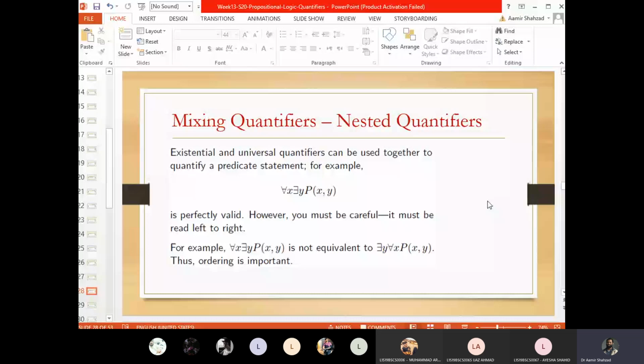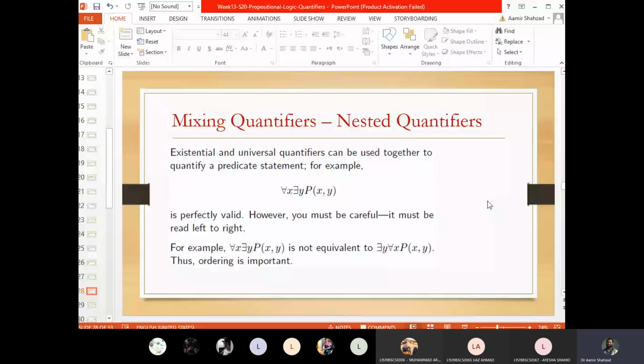So suppose we have X and Y, these are two kinds of people, two kinds of objects, two kinds of elements we are talking about, and then our predicate deals with both of them, like X on Y, या Y on X. It depends how you define your predicate.